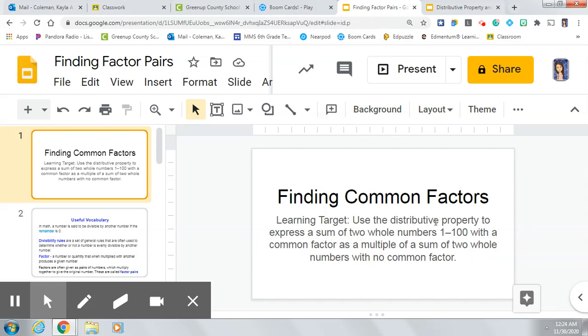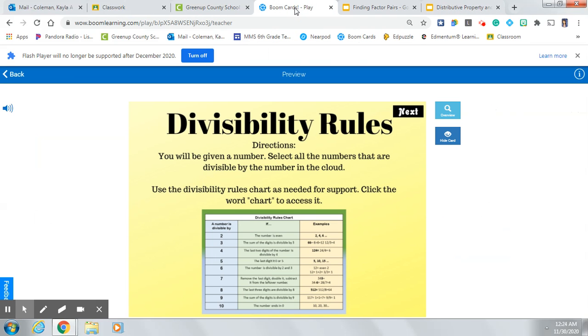So if you know your multiplication facts pretty well, you should automatically know whether a number can be divided by 2, 3, 4, or so on. There are a few things that are different, and you'll see different things that these divisibility rules will be useful for.